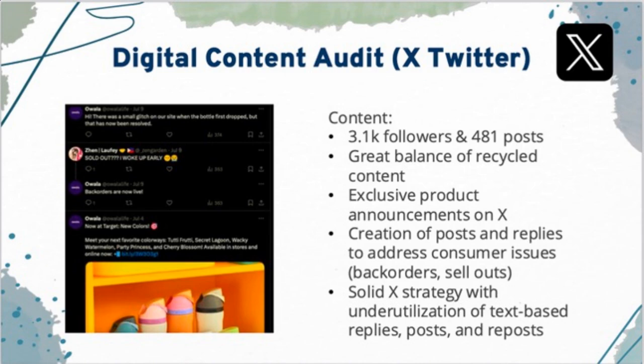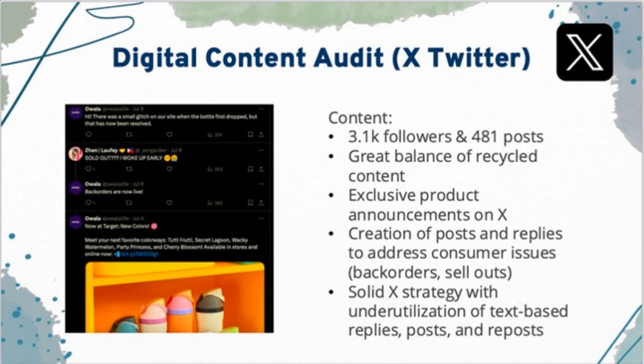The next platform is X, which is also known as Twitter. Once again, we have a screenshot, some content, some data. On X, the students noticed a different communication function, a balance of recycled content and also exclusive product announcements. Owala used this platform for product announcements, but also for timely responses to customer issues such as sold out products and back orders.